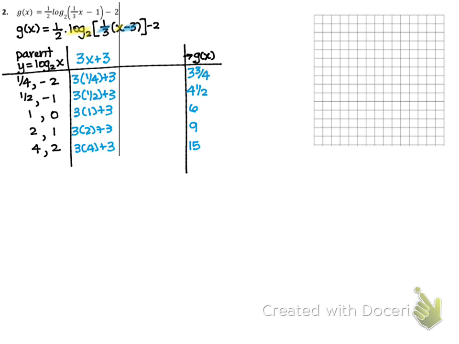Okay, let's take a look at the y's. So I'm going to times by a half first. So I'll take my y value and I'll times it by a half. And then I'm going to subtract 2. I'm just filling in my table.